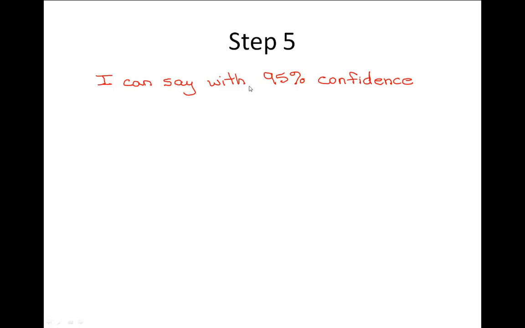I can say with, and then fill in your percentage of confidence. Then go back and look at what you're trying to say. You built a confidence interval on the proportion or the mean. Well, that the proportion of, and then what am I talking about? And then just quote from the original problem.